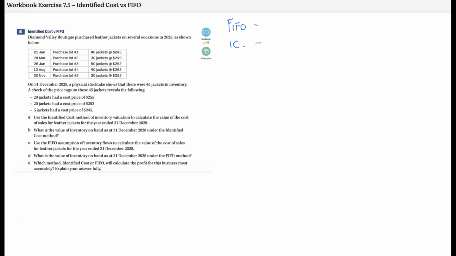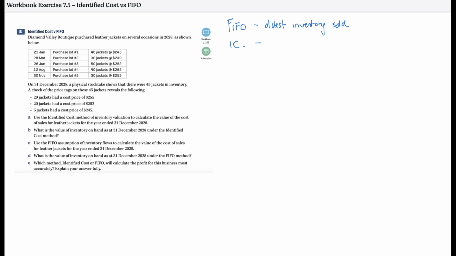Now, first in, first out uses an assumption that the first in inventory is going to be the first out. I summarize this as you can assume that the oldest inventory leaves your business first, or your oldest inventory is the one that is going to be sold.